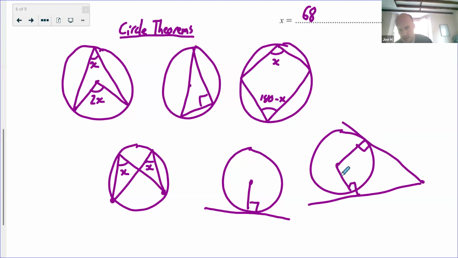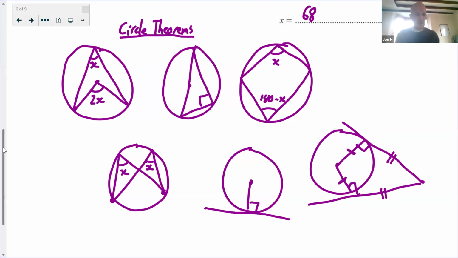This is 90 degrees. This is the same length as this. And importantly, this is the same length as this. Okay, so these 6 things, they're known as circle theorems, and you just need to know them.